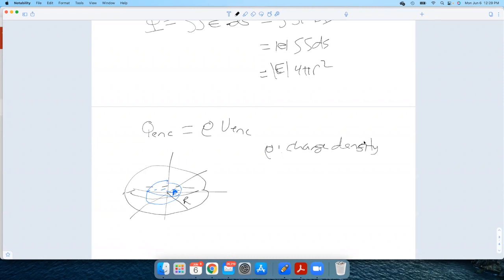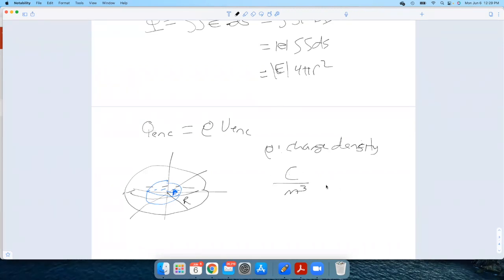The way I like to think about this is these two need to multiply to give just units of charge, just coulombs. So I'm going to be multiplying this guy by volume. This has to be coulombs per cubic meter, so that when I multiply by volume, coulombs per cubic meter times cubic meters gives coulombs.